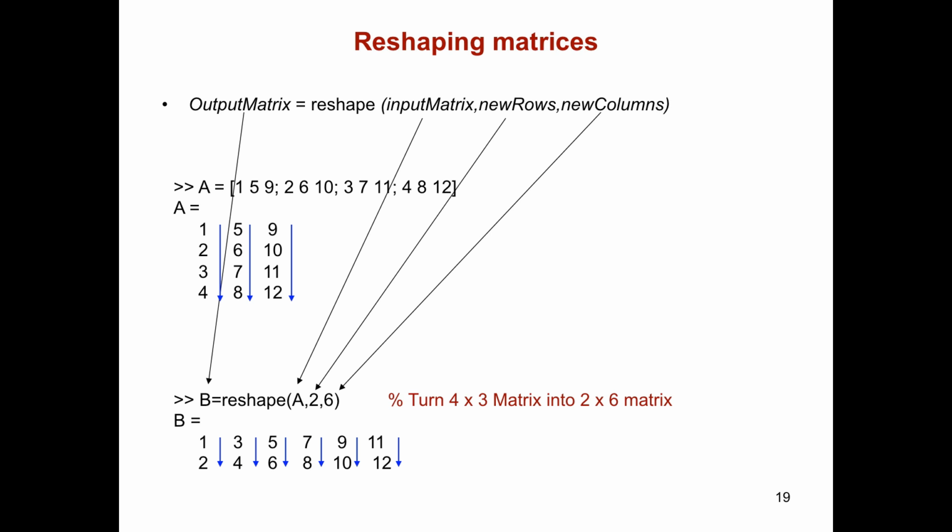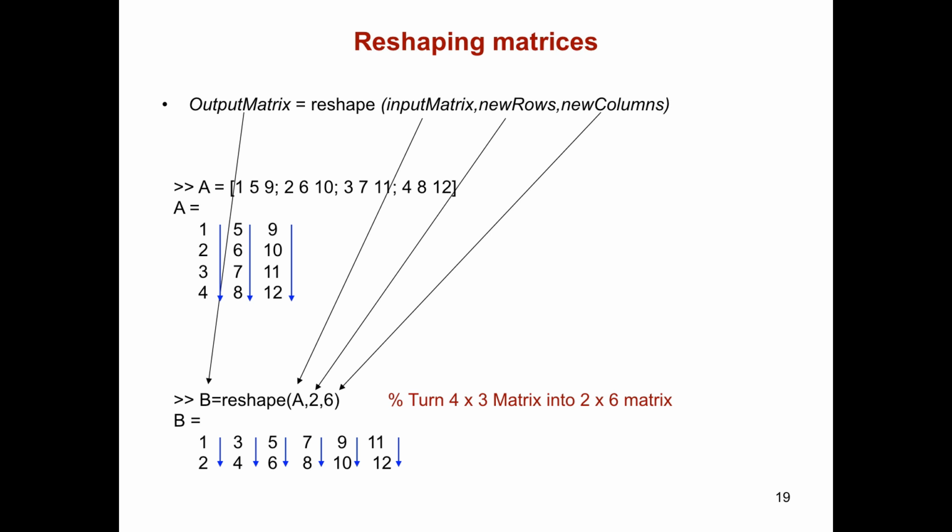It's actually going to start from the first column. Say, in the new matrix I have 2 rows, so each new column will have 2 elements. So it's going to read the first 2 elements and put them in the first column. And then continue. Second 2 elements, second column. And then it's going to continue column by column. So this is simply how reshape works in Matlab.